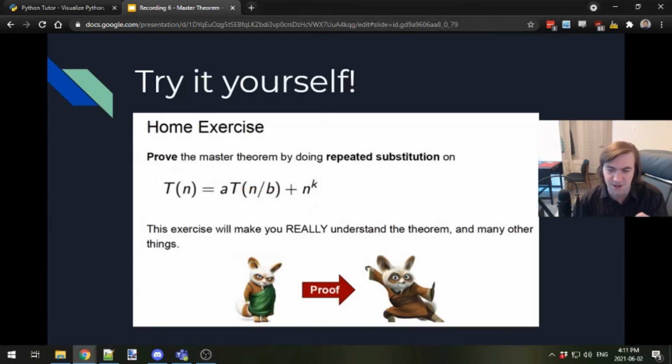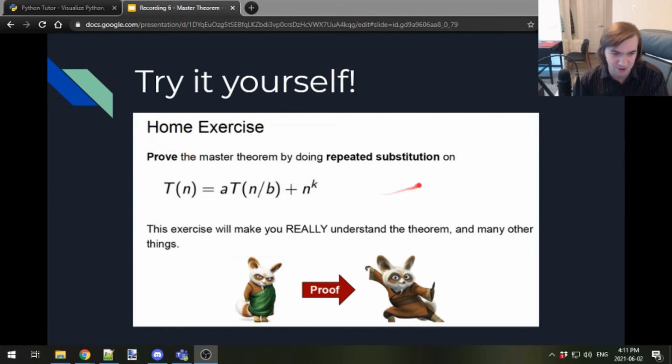Okay, here was the slide I was mentioning moments ago, which is something that you can try for yourself. And the reason I suggest you try this for yourself is, first off, it's good practice in case you're not super comfortable with doing repeated substitution. Being able to do this on your own means you can probably convince yourself you are a master, I forgot this character's name from Kung Fu Panda, at doing repeated substitution.